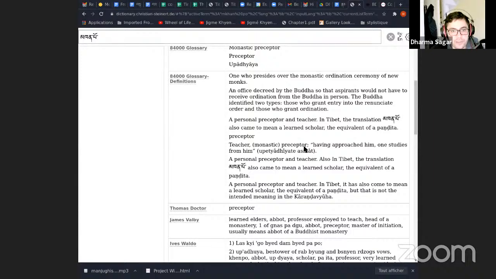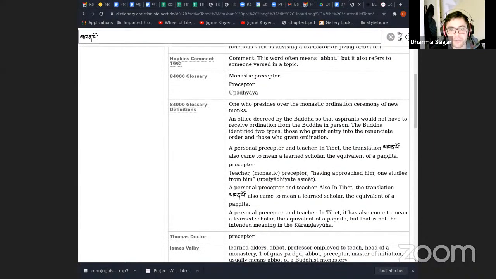Preceptor, the one who presides over the monastic ordination ceremony of new monks. An office decreed by the Buddha so that their aspirants would not have to receive ordination from the Buddha in person. That's the meaning. And it's later on only that it became a synonym of someone who is very learned.